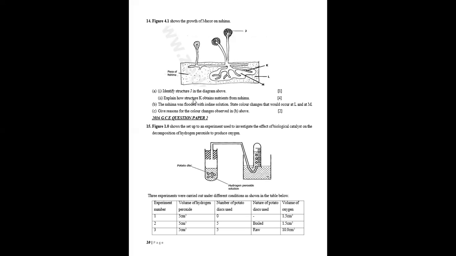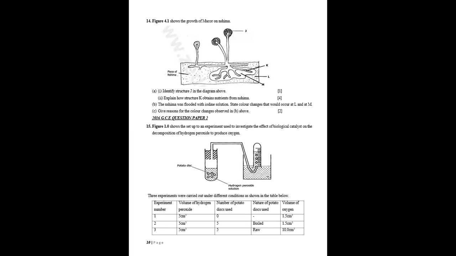Then explain how structure K obtains nutrient from Shima. The mucor releases enzymes from its hyphae into Shima.